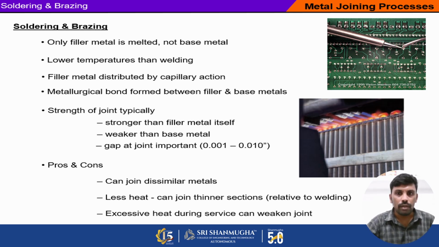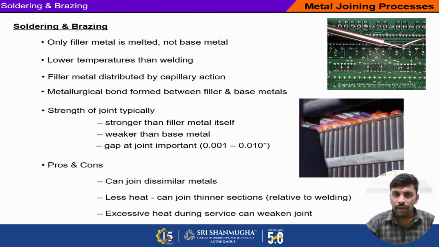So next is soldering and then brazing. In this process, only the filler metal is melted, not the base metal. The temperature is lower when compared to the other welding processes.